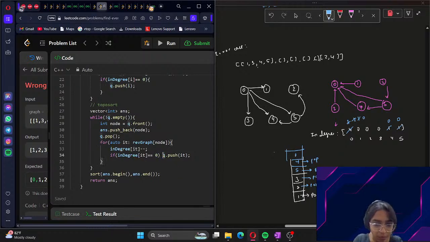You know what? Maybe I should push it here instead of adding it here. But then wait.